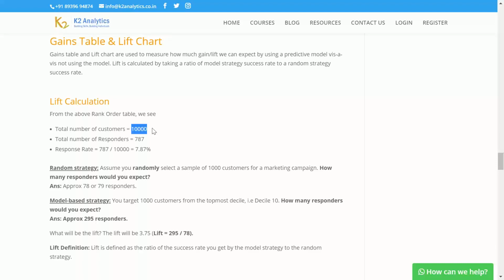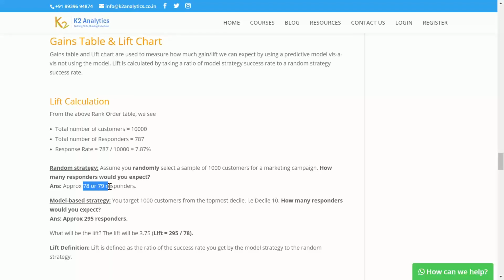From this, we are randomly picking 1,000 observations. How many potential responders will be there in that 1,000? If I am randomly selecting 1,000, 7.87% of that 1,000, approximately 78 or 79 responders will be there. This is a random strategy.